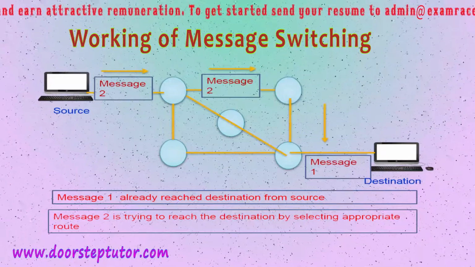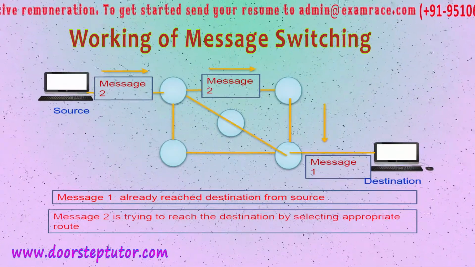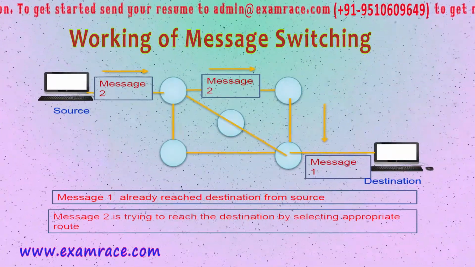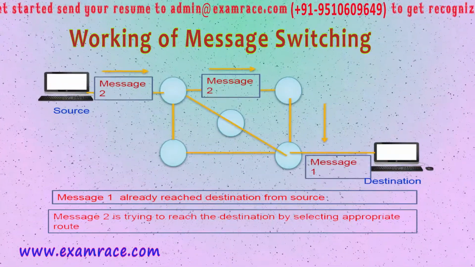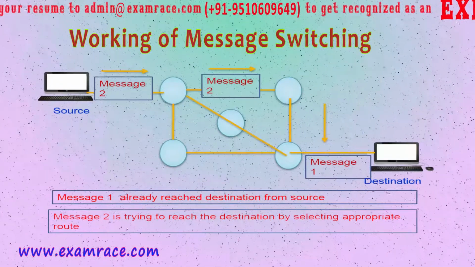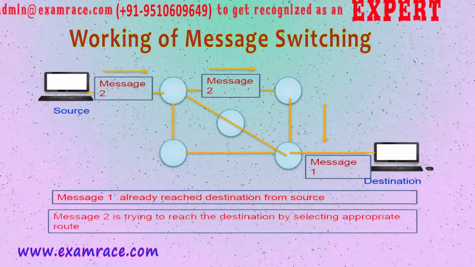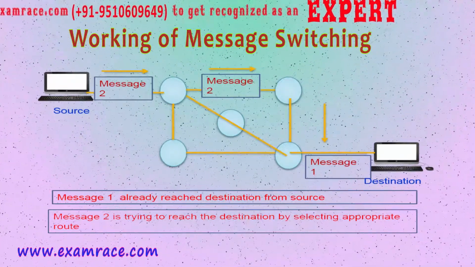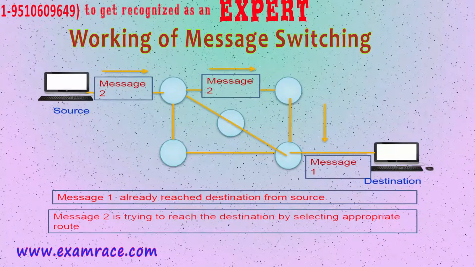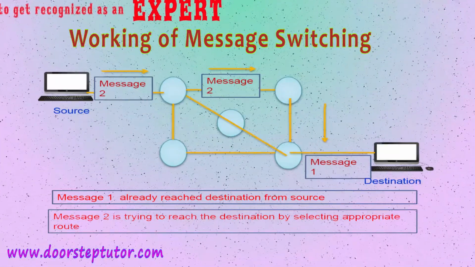Here in this working of message switching, we are not at all considering any kind of packets. We are focusing on the complete messages. Message 1 has been sent. Now it is the turn of message 2. It has to be sent from source to destination, and after that there will be the turn of message 3 and so on. So in short, message 1 has already reached the destination from the source side, and message 2 is trying to reach the destination by selecting the appropriate path or route.